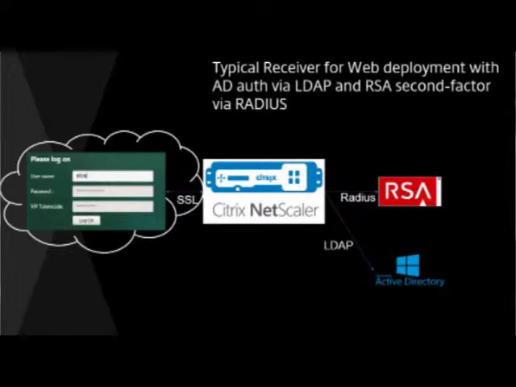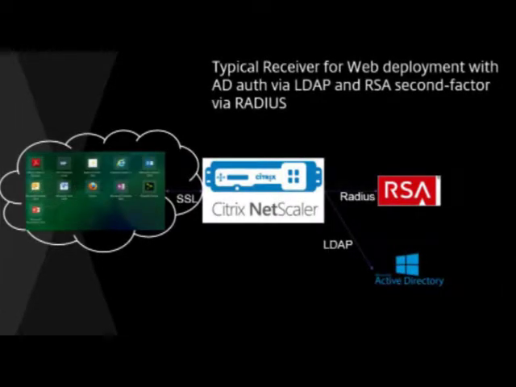And those can then later be mapped to policies. But in this case, what we'll say is that second factor is the RSA box, RSA authentication across radius. So in this scenario, the user types in their credentials, they authenticate to LDAP, they authenticate to radius, the Netscaler establishes a session, and then connections to XenApp and XenDesktop are authenticated, and you're off to the races.